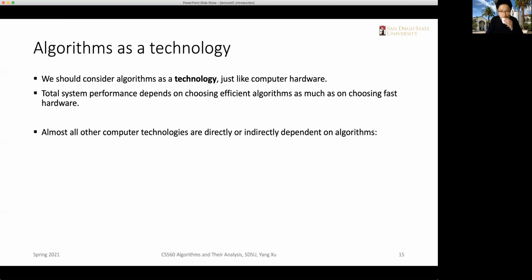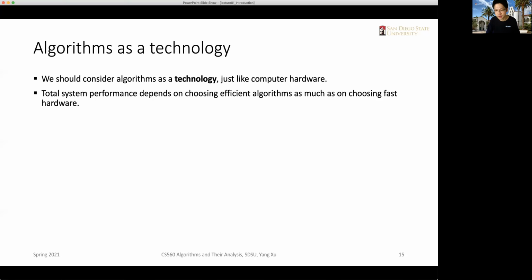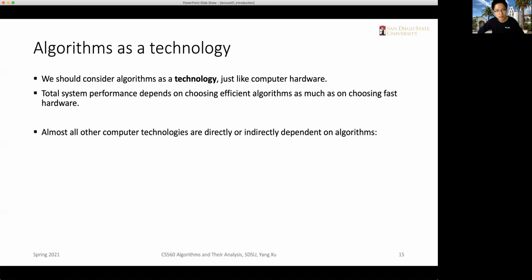I think once we finish these slides, we're pretty much done today. Almost all the other computer technologies are directly or indirectly dependent on algorithms, like computer architectures, graphical user interfaces, the windows we use, everything we see on the display.